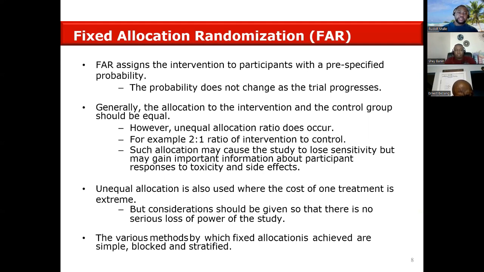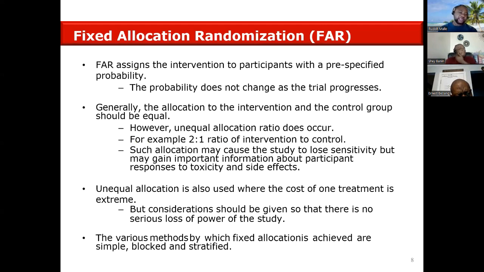Then we're looking at fixed allocation. Fixed allocation assigns the intervention with a pre-specified probability. Because they are looking at probability and the ratio, that's where you're able to determine randomization. Generally, allocation of the intervention to the control group should be equal. However, unequal allocation does occur.